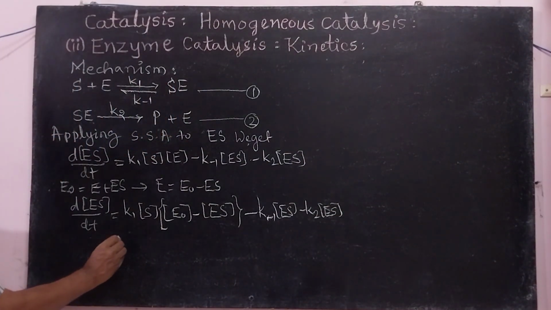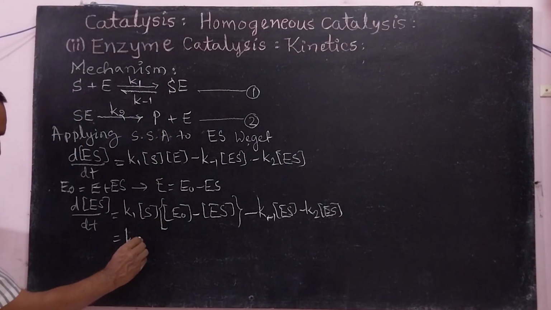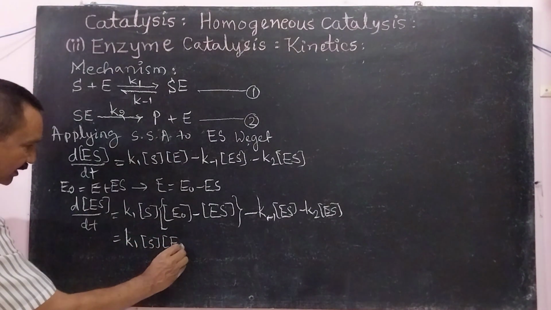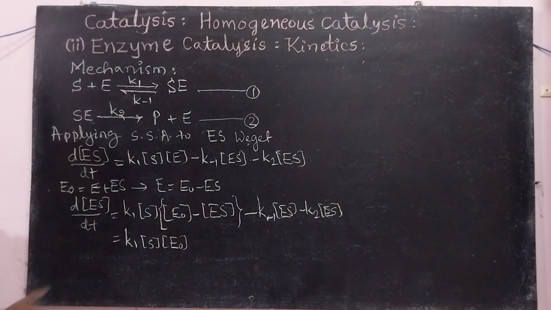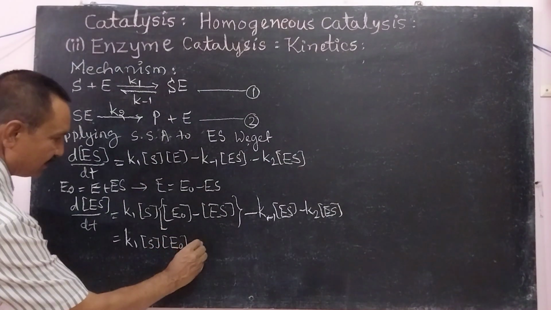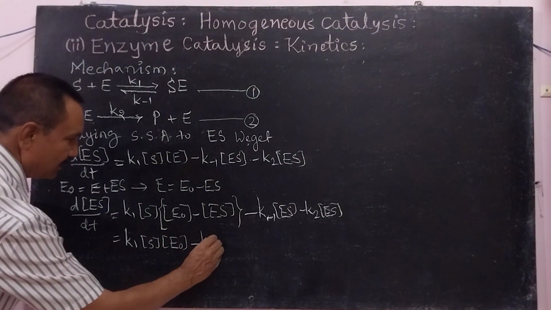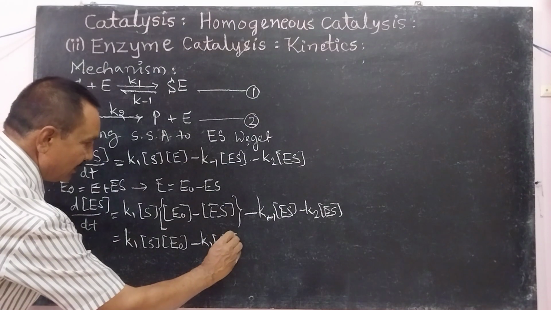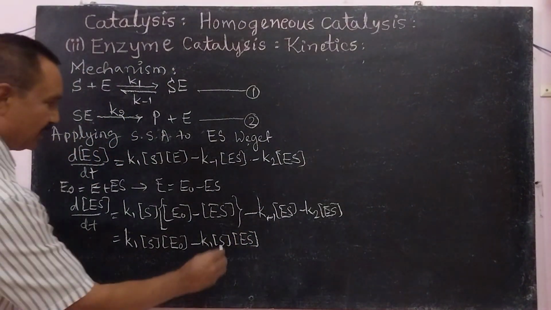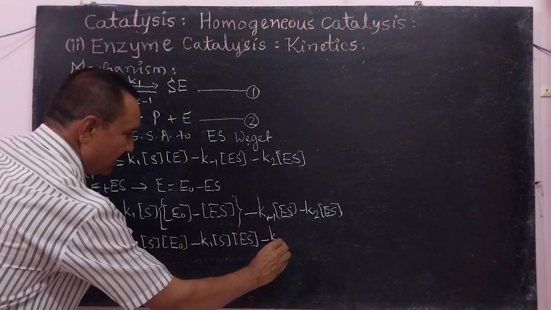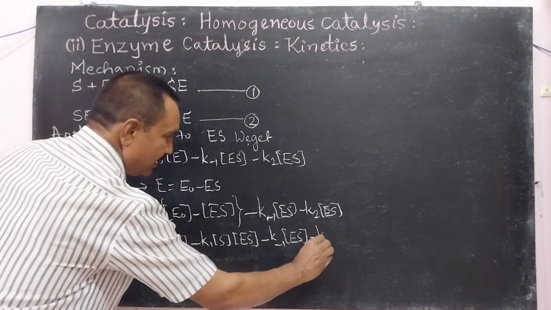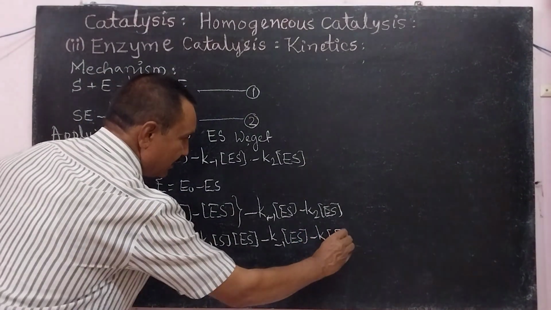Thus we may write this equal to K1 concentration of S into concentration of E0, minus K1 concentration of S and the concentration of ES, minus K minus 1 concentration of ES, minus K2 into concentration of ES.